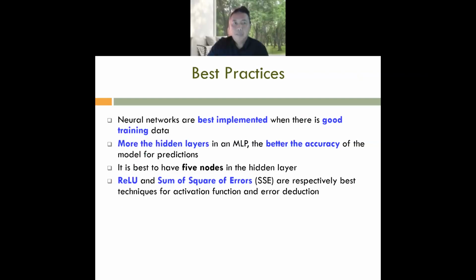And it says that the more hidden layers in the multi-layer perceptron, the better the accuracy. You could investigate this one, and they say it is best to have only 5 nodes in the hidden layer. And they also say ReLU is the best technique for the activation function. So you can double check this; in most of the previously published papers, most of them use ReLU.